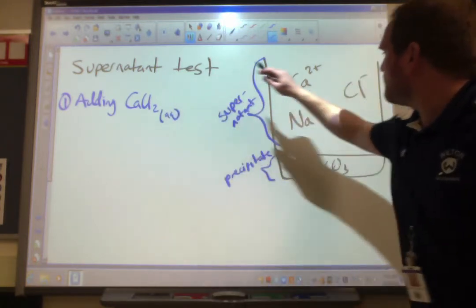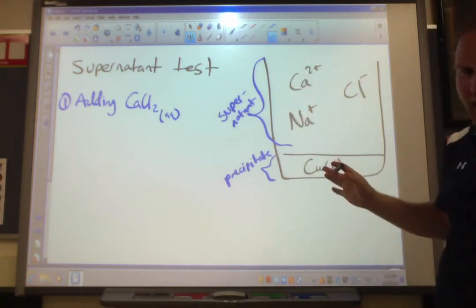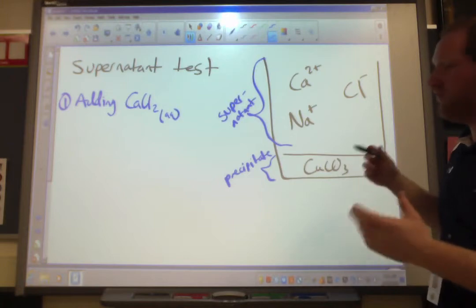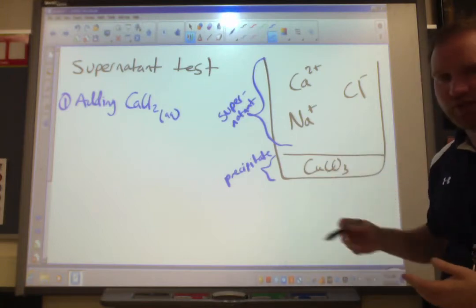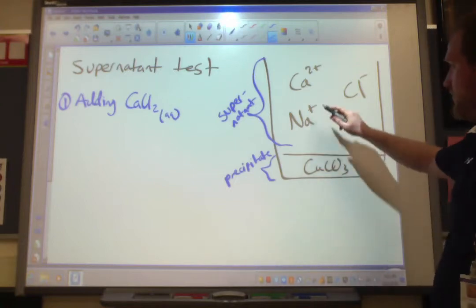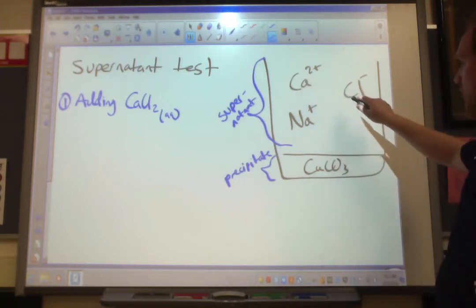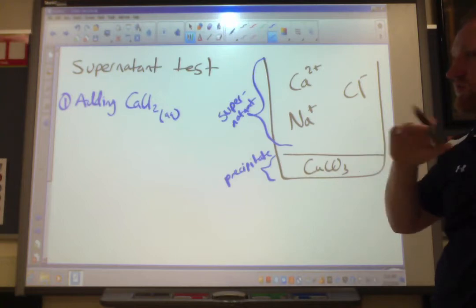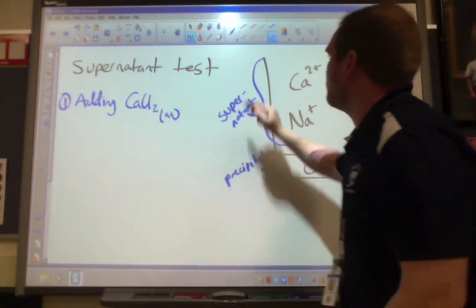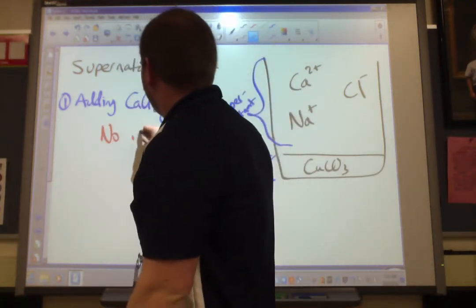So when I add this to this, is anything going to react? In this case, when it reacts, it's going to form my solid precipitate. So will anything happen? The answer is no, because look, I already have calcium floating around, I already have chloride floating around. So no, you're not going to see any kind of reaction because you already have both of those ions floating around. No reaction.